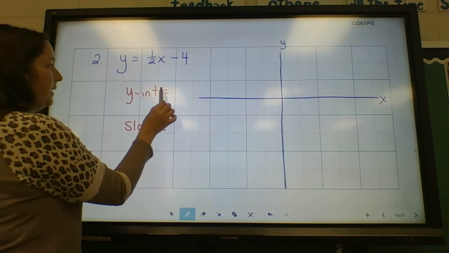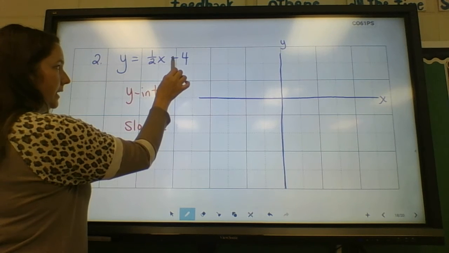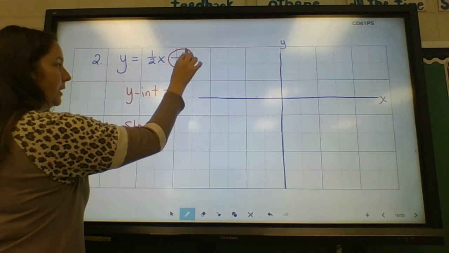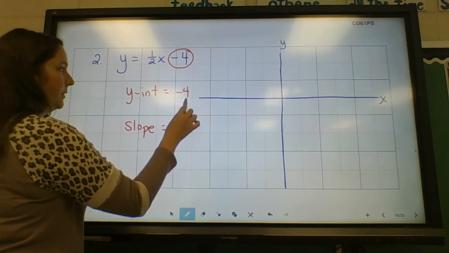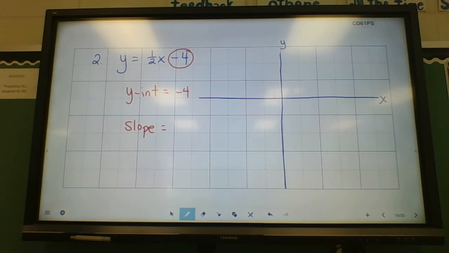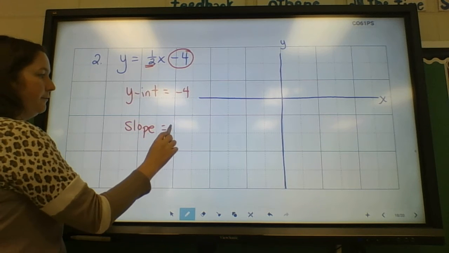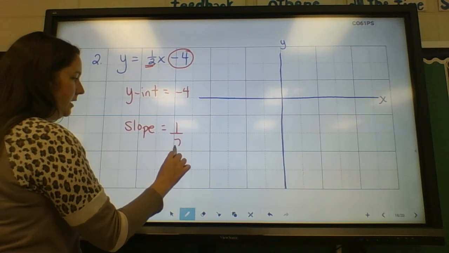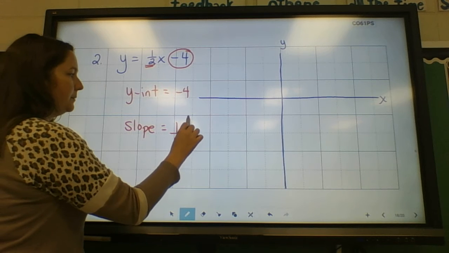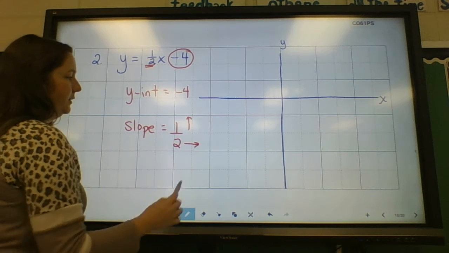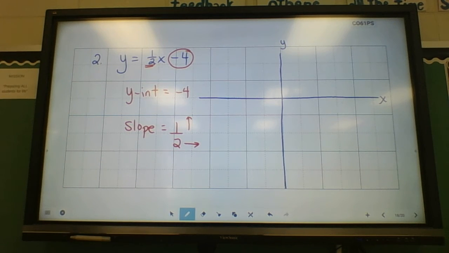So what is the y-intercept? It's -4 because it's subtract 4. What is our slope? Our slope is the coefficient in front of x, 1 over 2. So we will rise 1, run 2. That's our slope, rise over run.